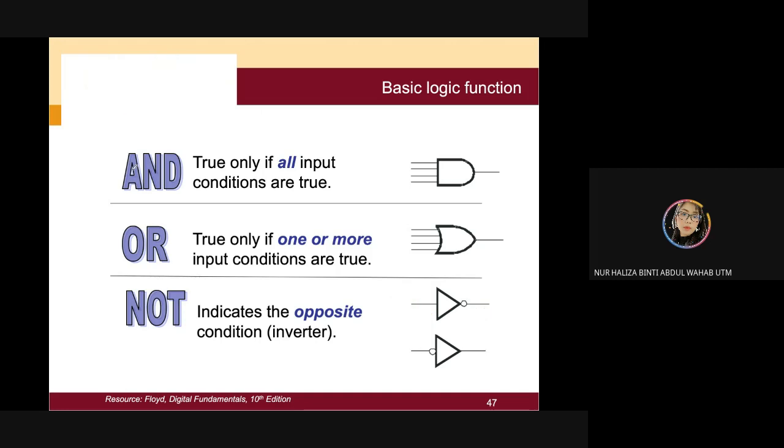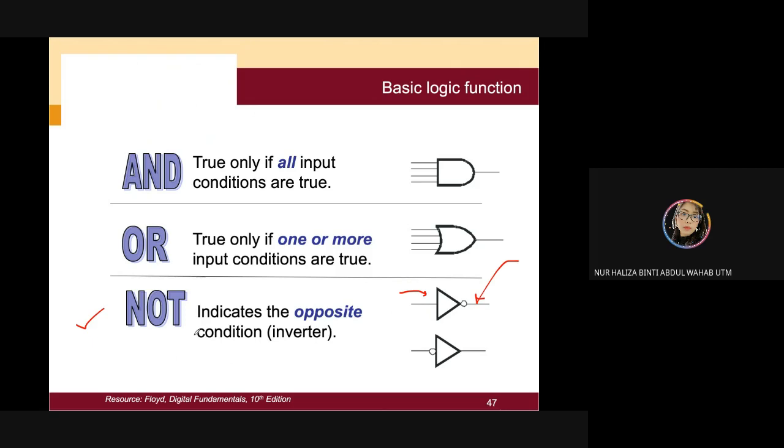So over here, this is on, not. So whatever they just mentioned, okay, if the input is true, then you know that your output is false, and vice versa. That is what the NOT does.